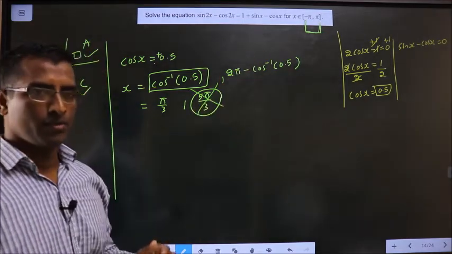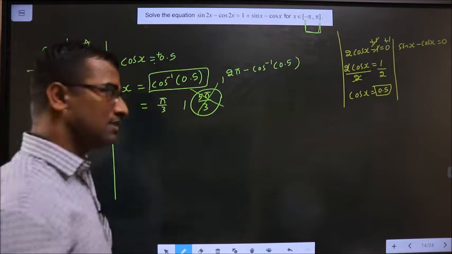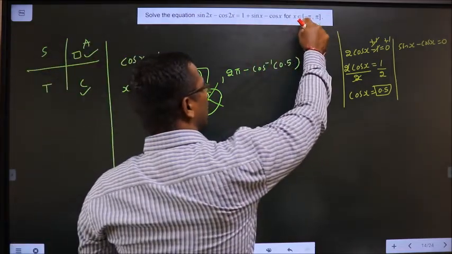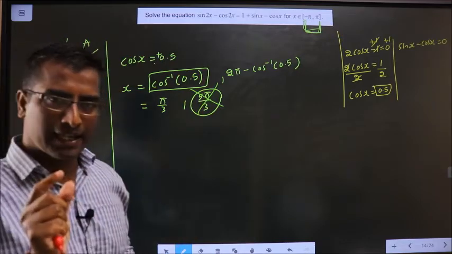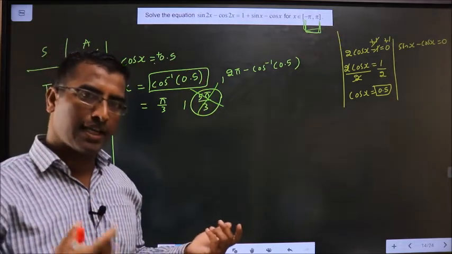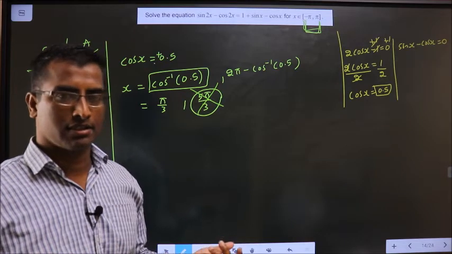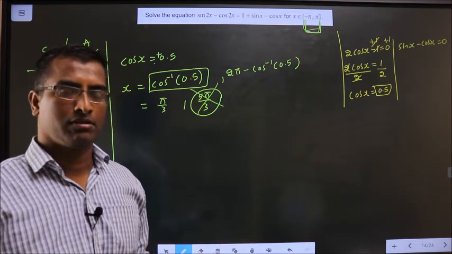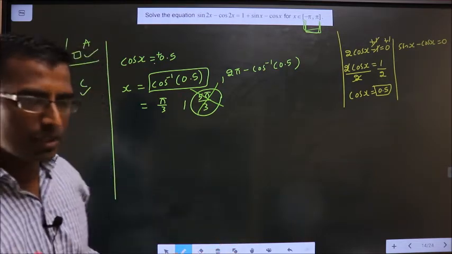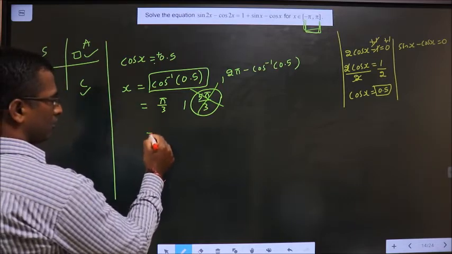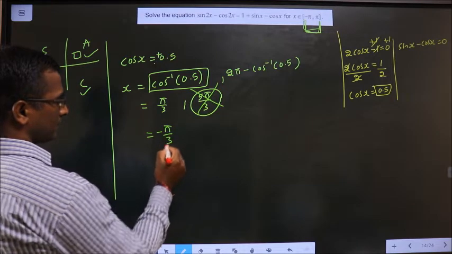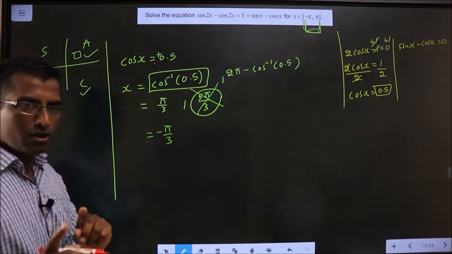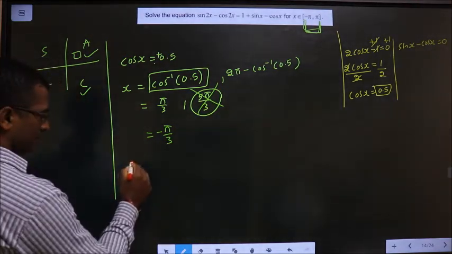And one more catch is, they said negative pi to plus pi. From that, I get a catch that for x, there can also be a negative value. And that negative value is, here you got pi by 3. It could also be minus pi by 3, because for cos there is a property.